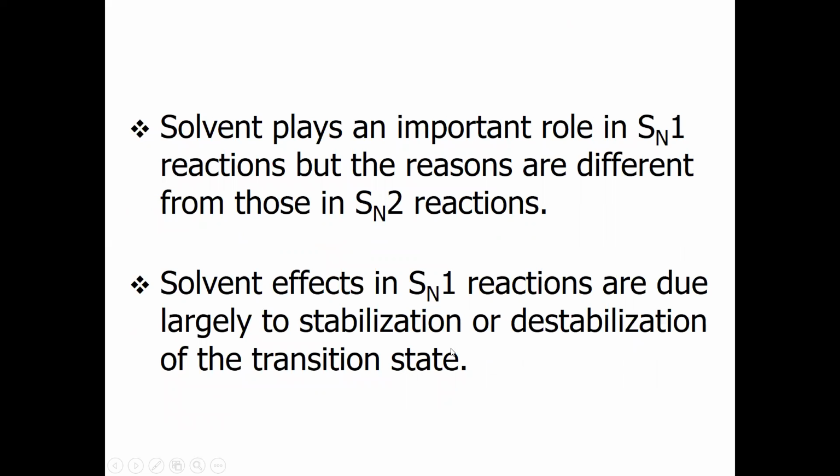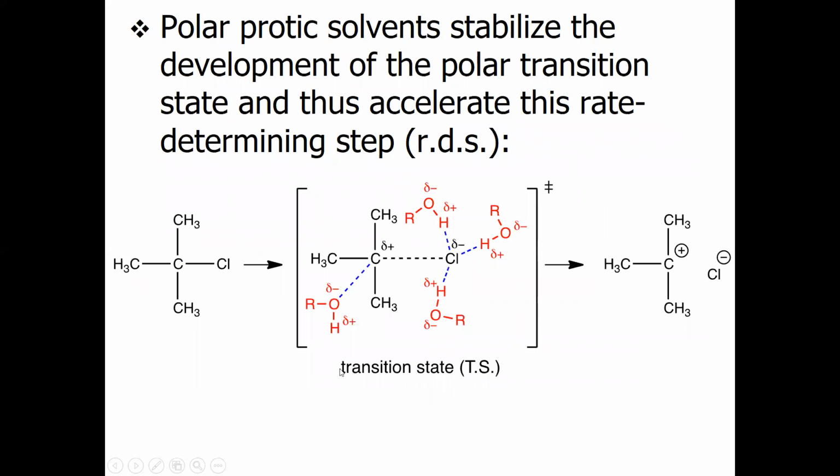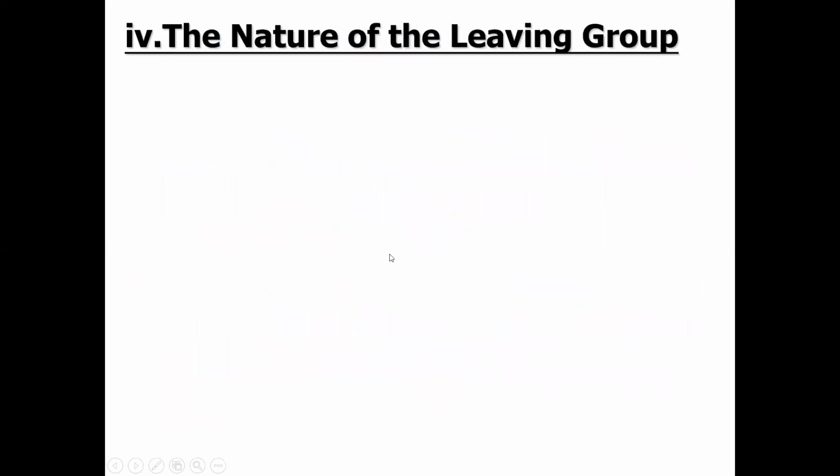Solvent plays an important role in the SN1 reaction too, but the reasons are different from the SN2 reaction. Solvent effects in SN1 reactions are largely due to stabilization or destabilization of the transition state. This is a tertiary alkyl halide, and here the solvent plays an important role by stabilizing the transition state.